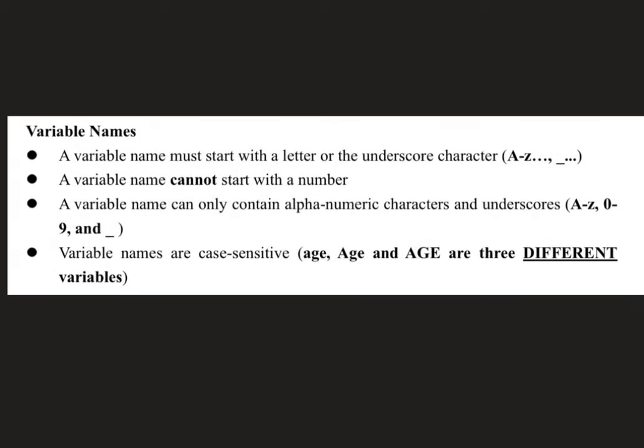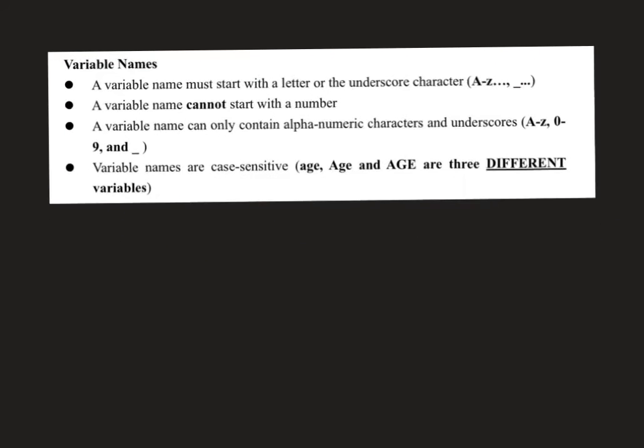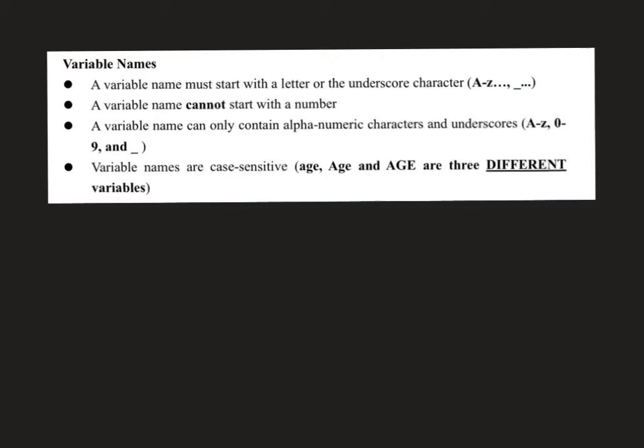Okay, to start a program, we usually involve some variables, and these are the rules to declare the name of a variable. The first rule is it must start with a letter or an underscore. Therefore, we cannot start with a number here.